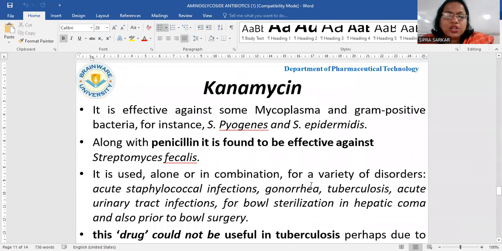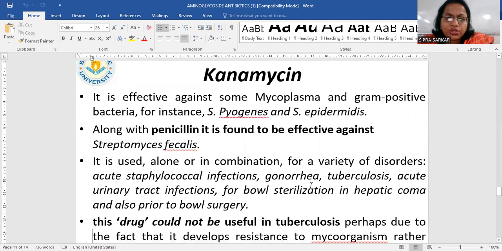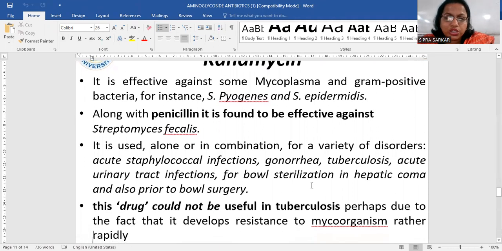Kanamycin. It is also effective against some mycoplasma and gram-positive bacteria, for instance S. pyogenes and S. epidermidis. Along with penicillin, it is found to be effective against Streptococcus faecalis. It is used alone or in combination for a variety of disorders: acute staphylococcal infection, gonorrhea, tuberculosis, acute urinary tract infection, for bowel sterilization in hepatic coma, and also prior to bowel surgery.